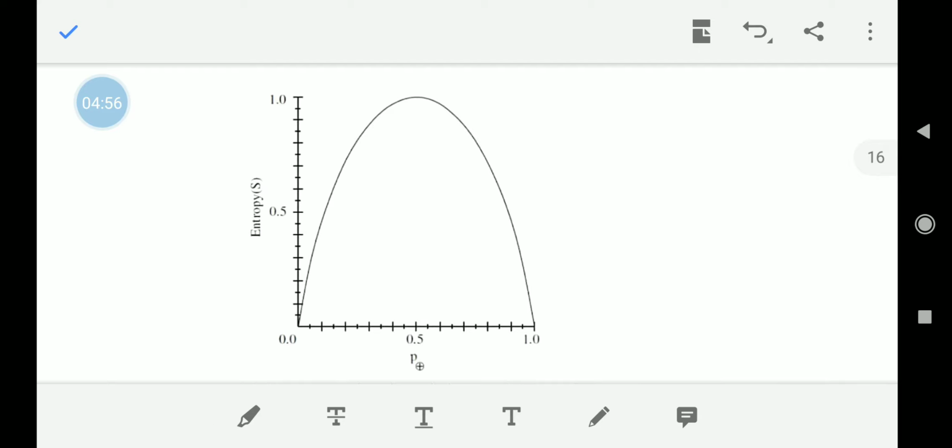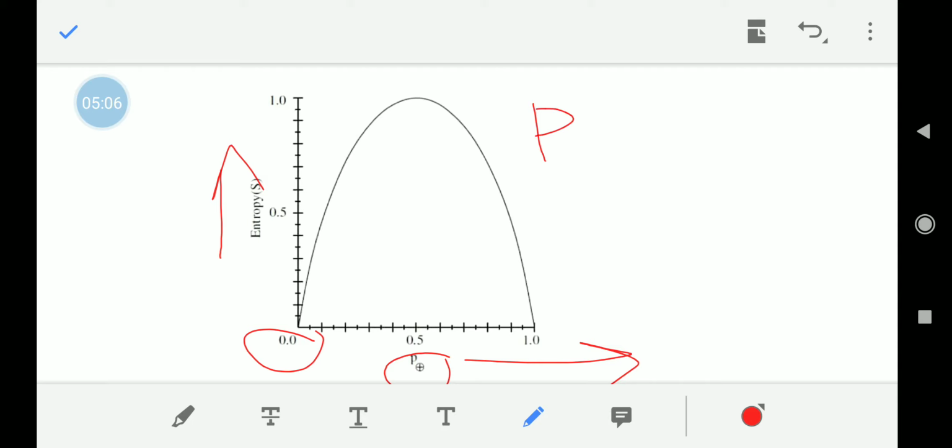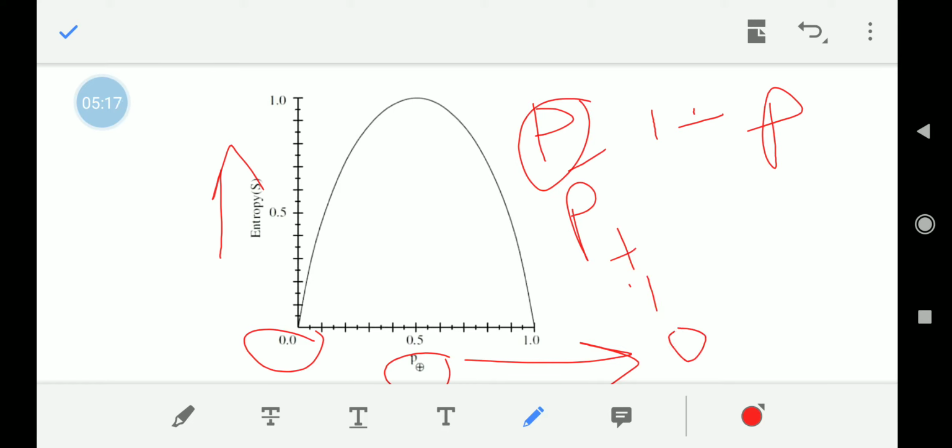This is also represented in graph form. You can see here, this is the entropy axis and this is the proportion. P plus is 0. Probability we always represent as P and 1 minus P. So P plus is 0 means this is P minus, it is 1. 1 minus 0 is 1.